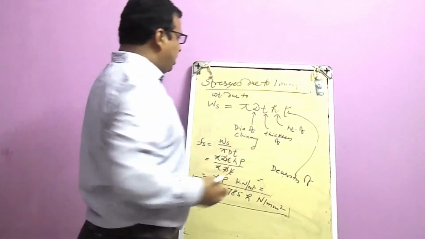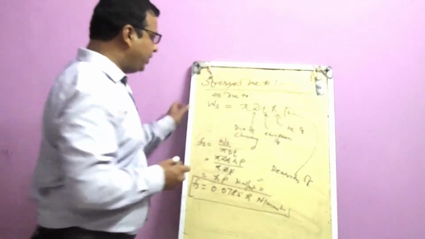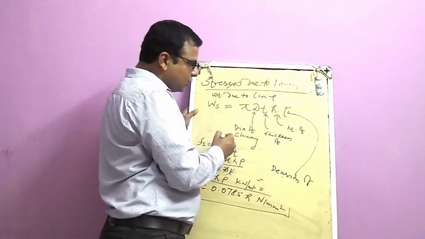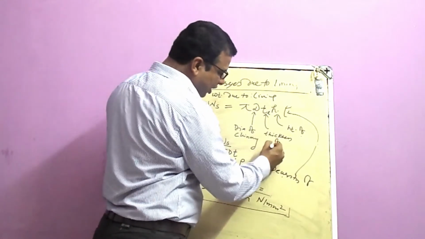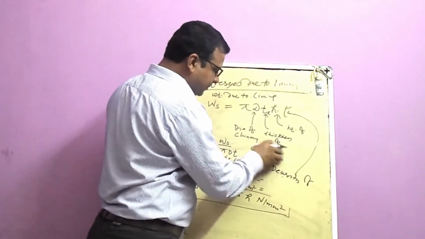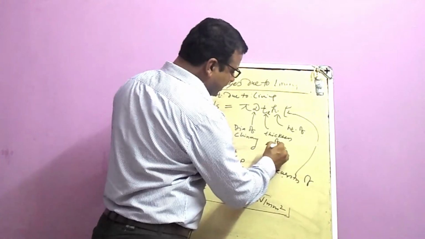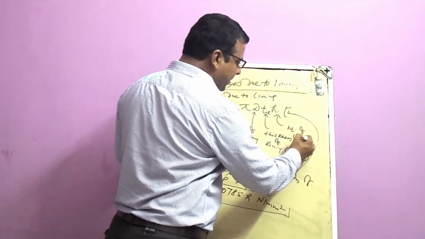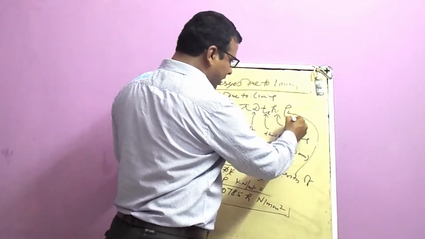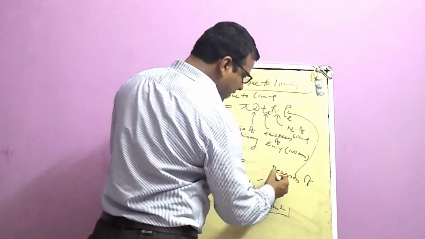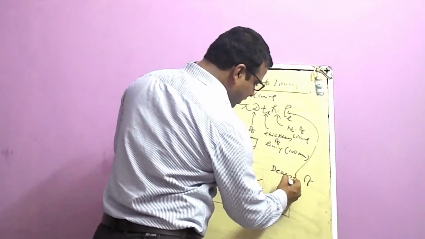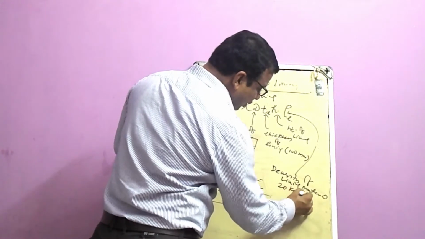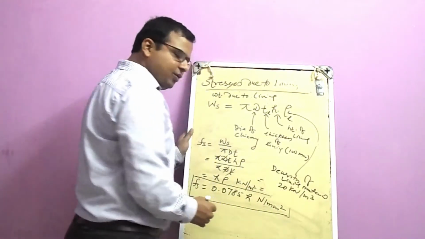So now we have to find out the stresses due to the lining. So weight due to the lining will be pi d, where d is the diameter of chimney, TL, the thickness of lining, which we generally take as 100 mm, and H is the height of lining, and rho L is the density of lining material, generally 20 kilonewton per meter cube, the density of bricks.